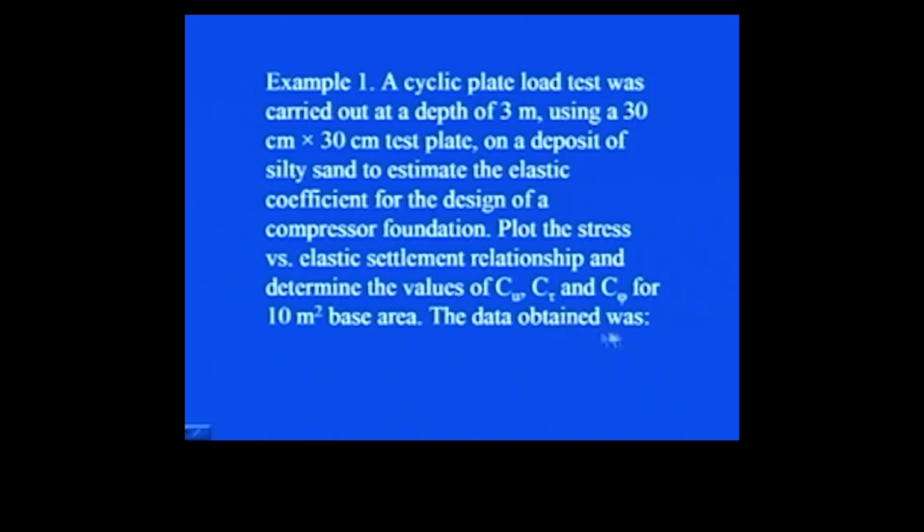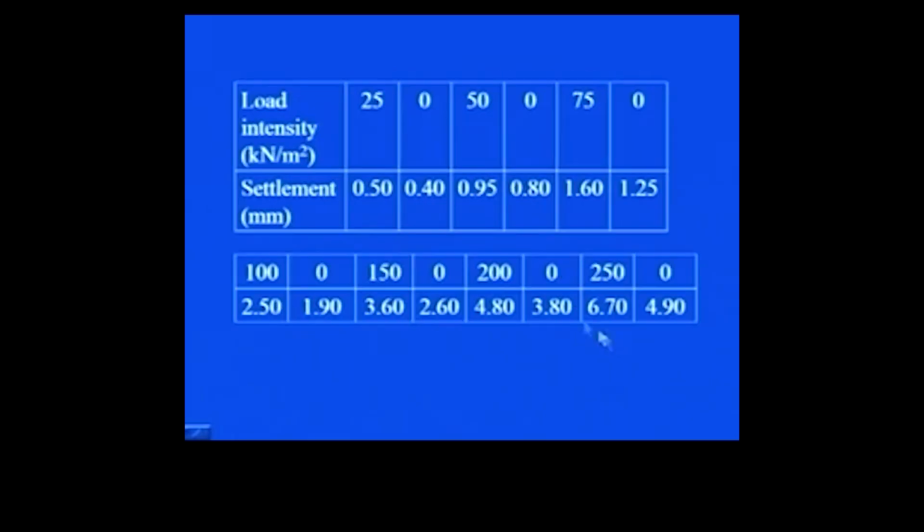The data obtained from the test was, since it is a cyclic plate load test, loading and unloading and then reloading. For the first loading step, when load intensity is 25 kilonewton per meter square, the corresponding settlement recorded was 0.5. When it was unloaded, the settlement recorded was 0.4. Then in the second step, for 50 kilonewton per meter square, the corresponding settlement is 0.95 millimeter, and in the second unloading cycle, the settlement is 0.8 mm.